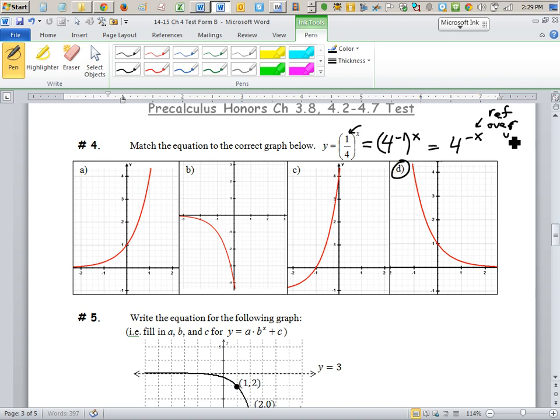That's what negative x always means. So imagine taking a 4 to the x graph and reflecting it over the y-axis. That's another way of thinking about it. That would give you this red curve, see? So D it is. All right, next.